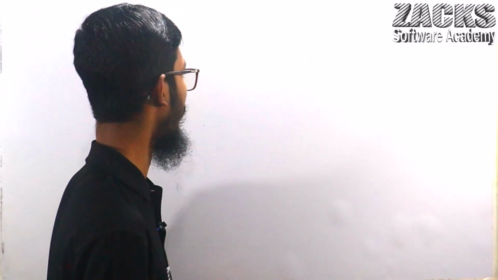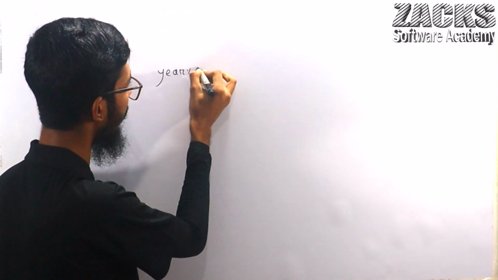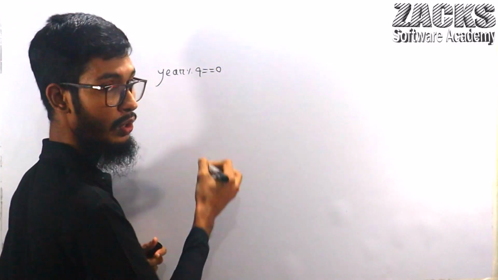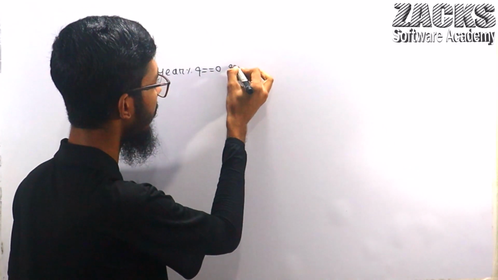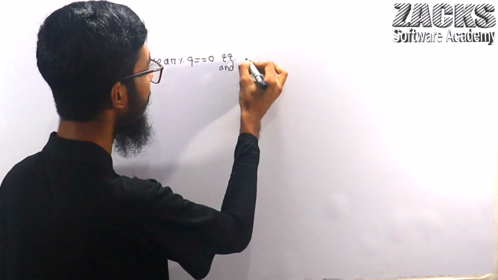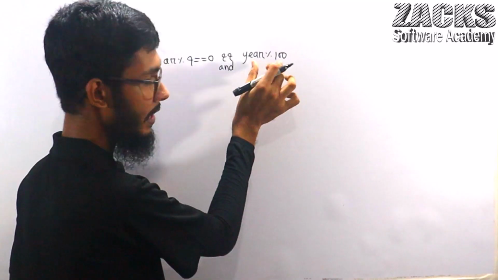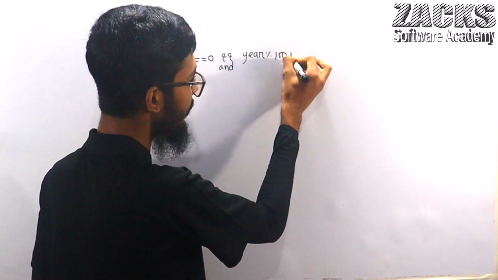Let me write this condition. How are we checking whether a year is a leap year or not? First of all, we check if the year is divisible by 4, and, depending on the programming language, you can write it like this, the year is not divisible by 100.